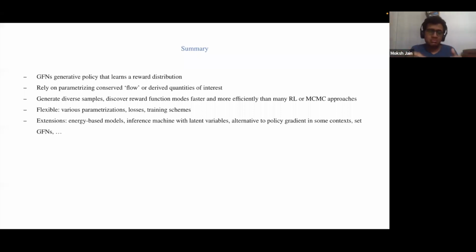And the more important result is that the expected gradient of the trajectory balance learning objective is exactly equal to minimizing the KL divergence between your forward sampling distribution, the one induced by PF, and your reward distribution.